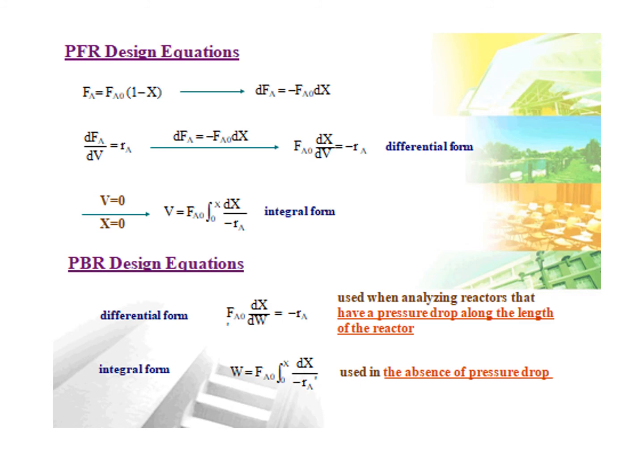The design equation of this reactor is FA0 dX upon dW equals minus RA, and the integral form of the packed bed reactor design equation is W equals FA0 integral from 0 to X of dX upon minus RA, the change of conversion with respect to reaction rate, used in the absence of pressure drop.